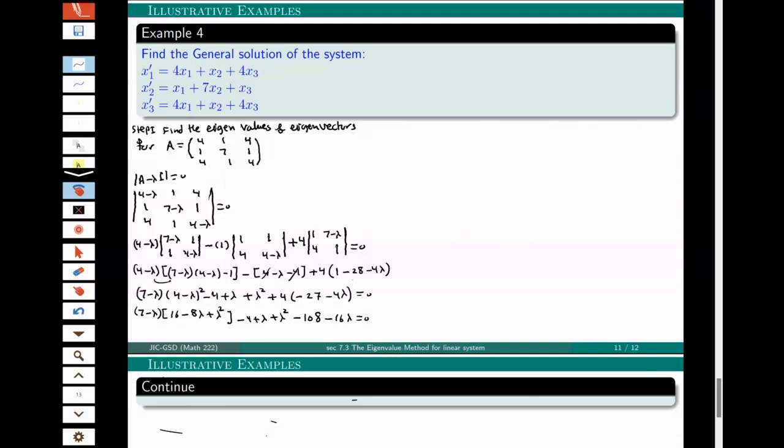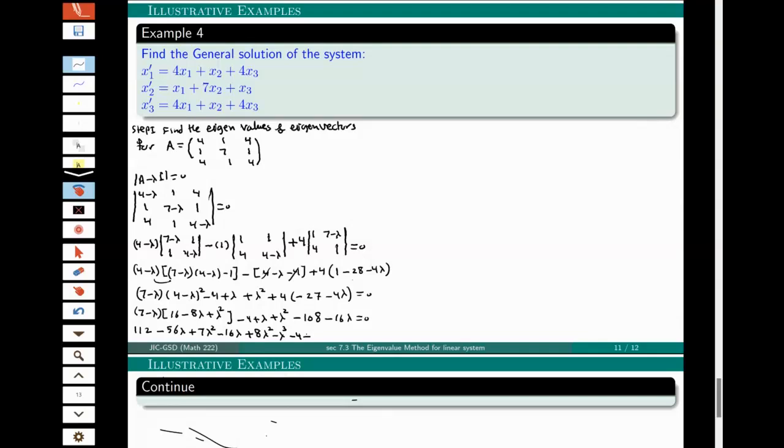Now if I expand, I'll get 7 times 16, that is 112, and 7 times minus 8, it's minus 56 lambda. 7 times lambda squared, 7 lambda squared, and I have minus lambda times 16, minus 16 lambda, minus lambda times minus, that will be plus 8 lambda squared, minus lambda times lambda squared, minus lambda cubed.